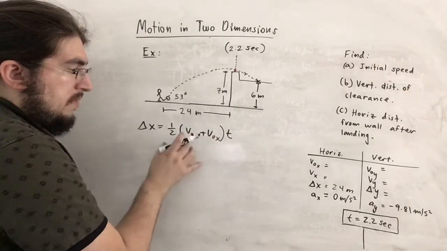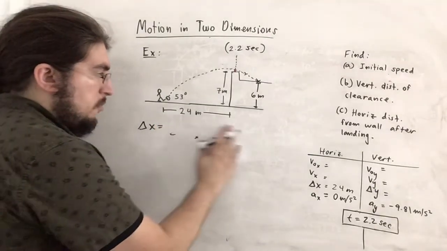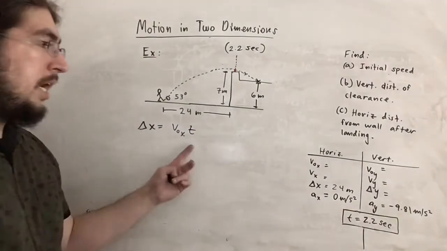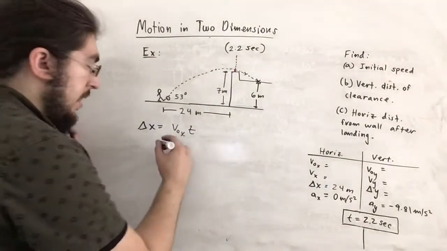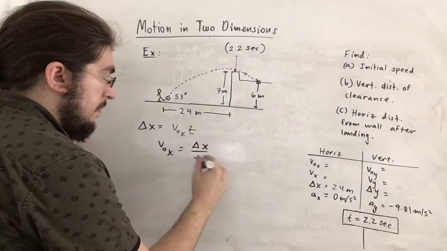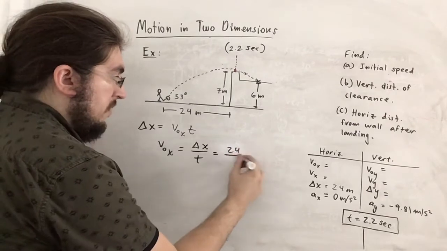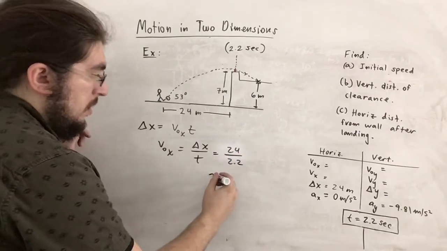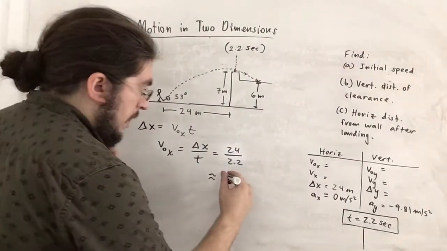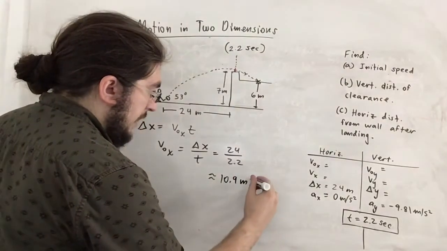And then when you add them and divide by 2, this equation really just collapses to this one. Since we know time and we know delta x, we can find v naught x. So v naught x is just delta x divided by t, which is 24 divided by 2.2. My calculator gave me about 10.9, in meters per second.